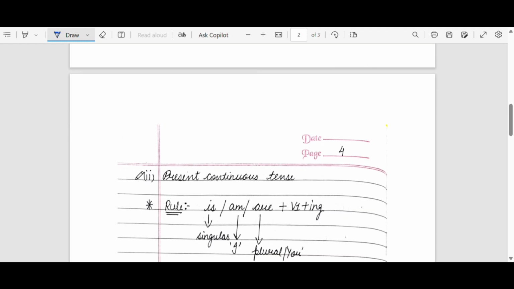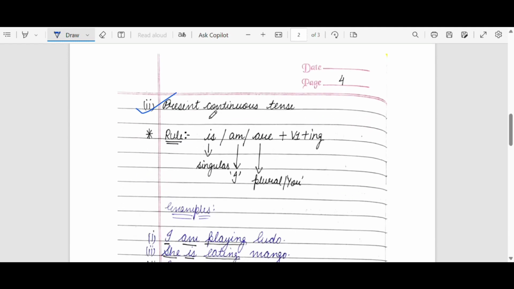The second class is present continuous tense. Continuous means in continuation. So in continuation, the main word is ing. It is the suffix that we add after each word. It is compulsory in the continuous tense, whether it is present or past or future.